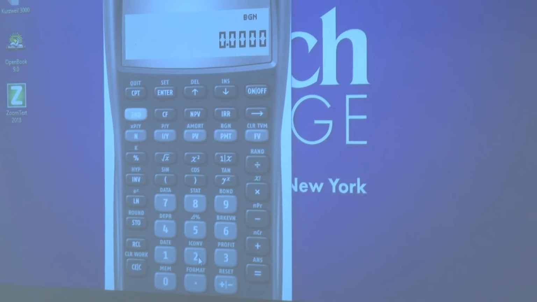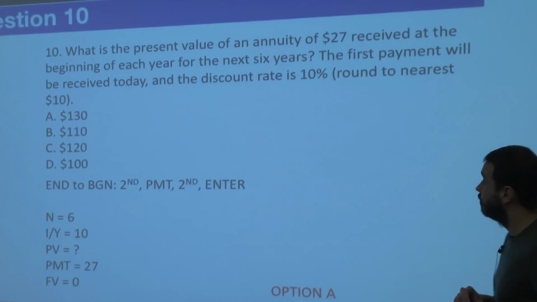So I have 6 as the number of periods, 10% as my interest rate, 27 is my payment, and solve for present value. So it's option A.